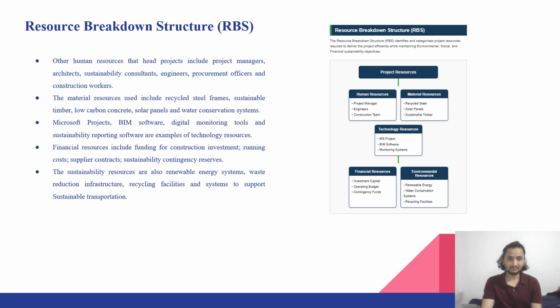The material resources used include recycled steel frame, sustainable timber, low carbon concrete, solar panels, and water consumption systems. Microsoft Project, BIM software, digital monitoring tools, and sustainability reporting software are examples of technology resources. The sustainability resources also include renewable energy systems, waste reduction infrastructure, recycling facilities, and systems supporting sustainable transportation.